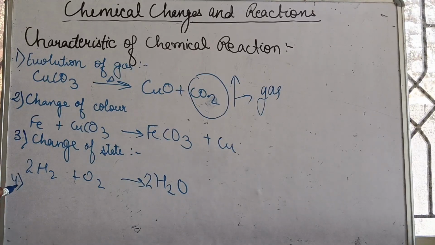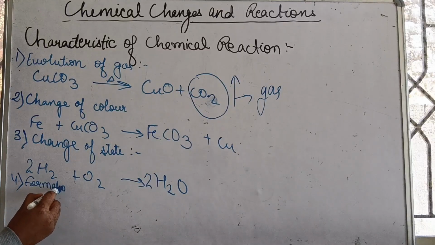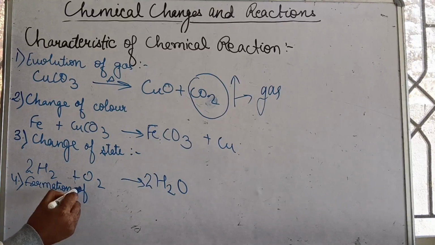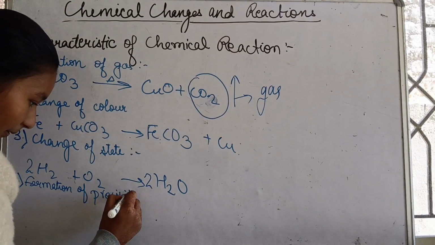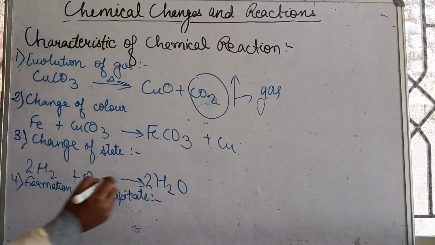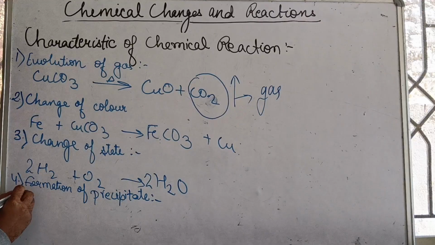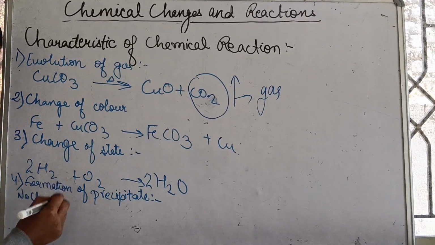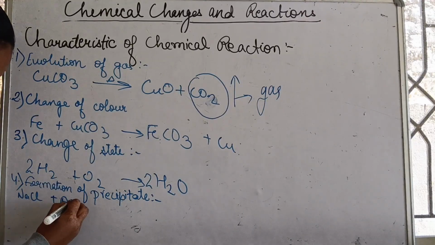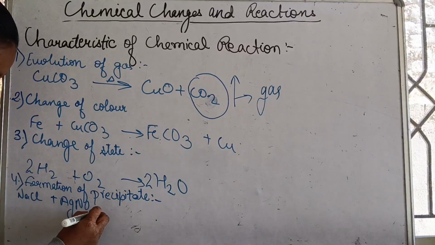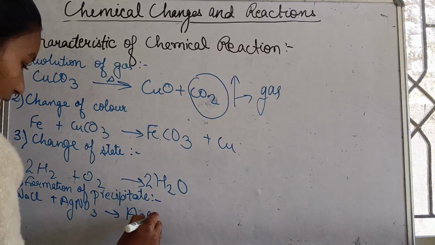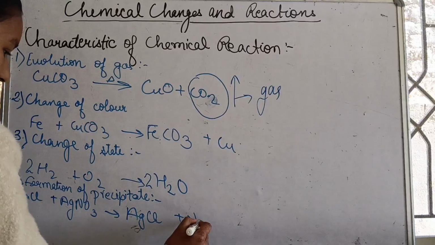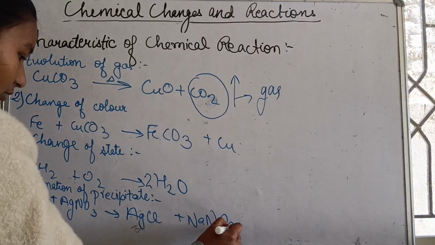Fourth is formation of precipitate. And we have taken NaCl plus AgNO3 gives AgCl plus NaNO3.